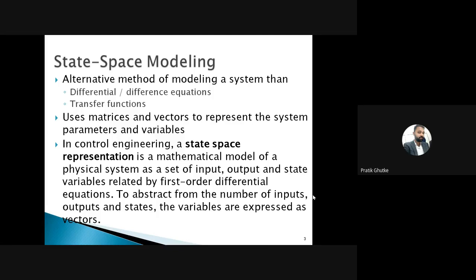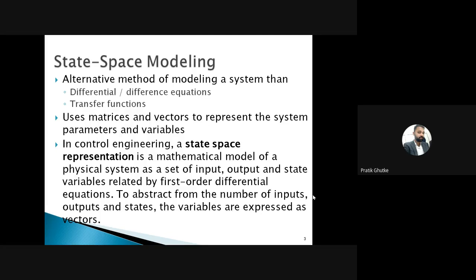We use matrices and vectors to represent the system parameters and variables. So any system which is given, we represent with the system parameters in the form of input and output model.